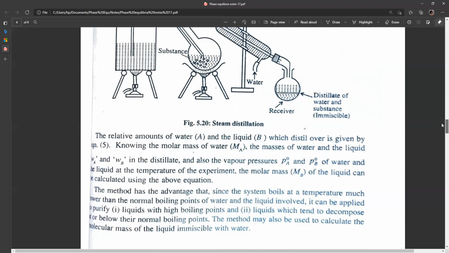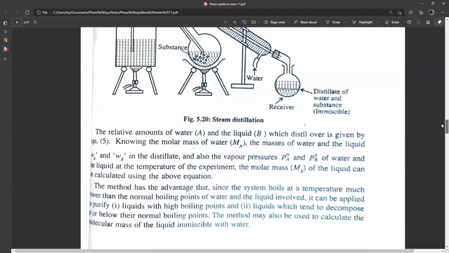The method, since the system boils at a temperature much lower than the normal boiling points of water and the liquid involved, can be applied to purify liquids of high boiling points, liquids which tend to decompose before their normal boiling point is reached. We have discussed substances with incongruent melting point. Such substances which tend to decompose below their normal boiling points can be purified by this method.